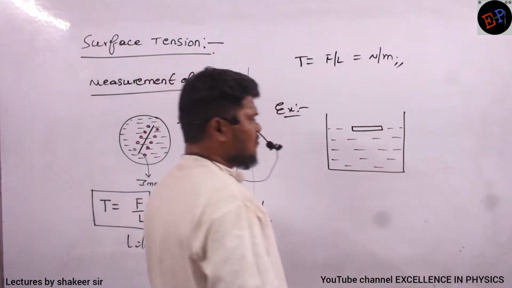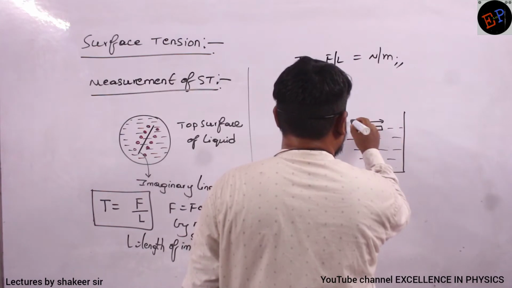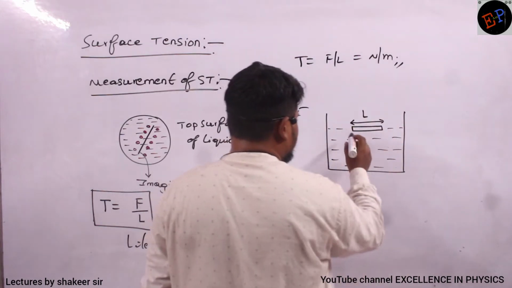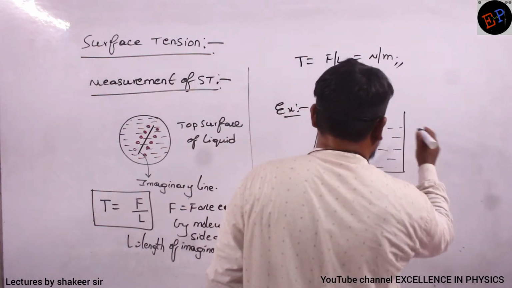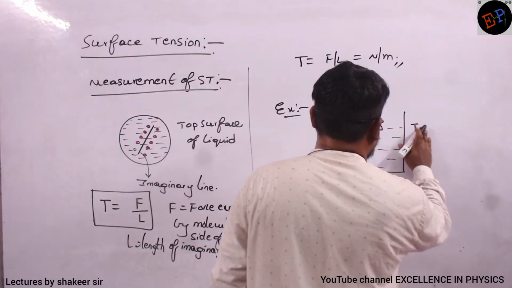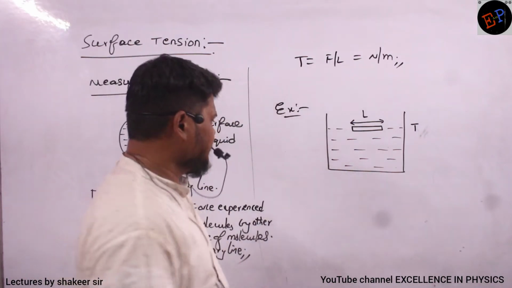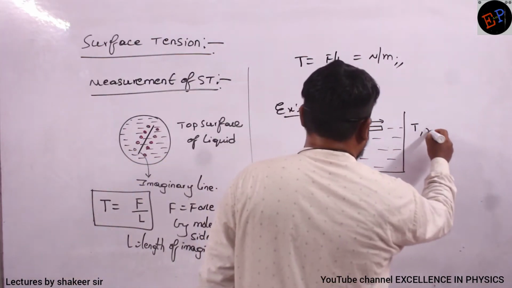The length of this rod is L. The surface tension of the water is T. Let it be T. The length of the rod is L. And the mass of the rod is M.